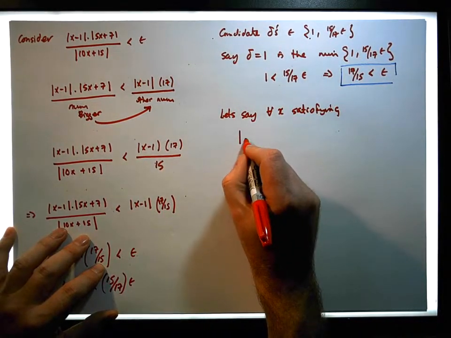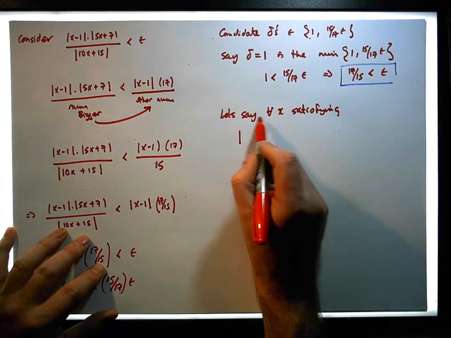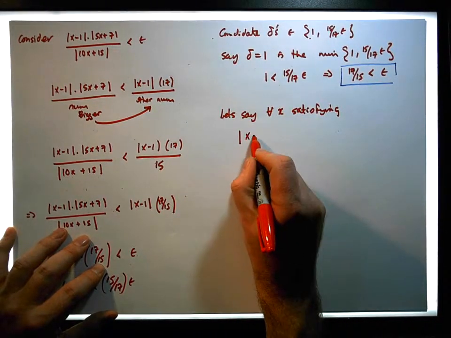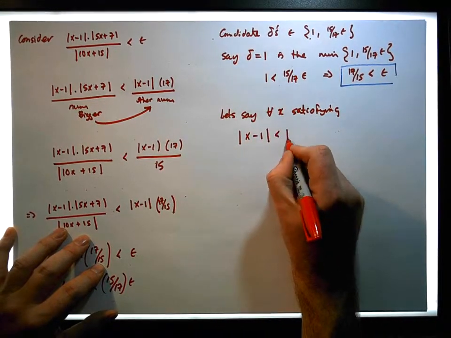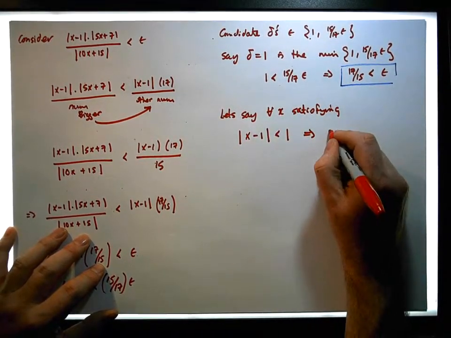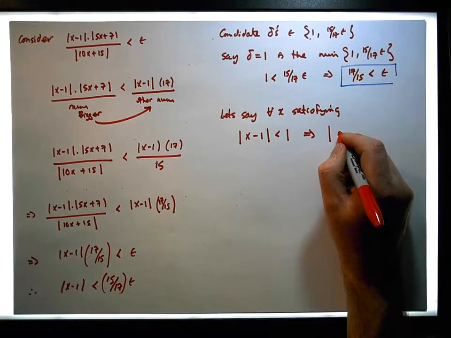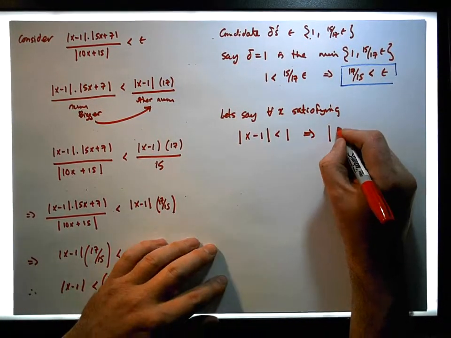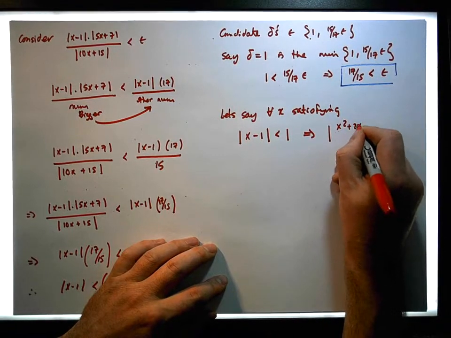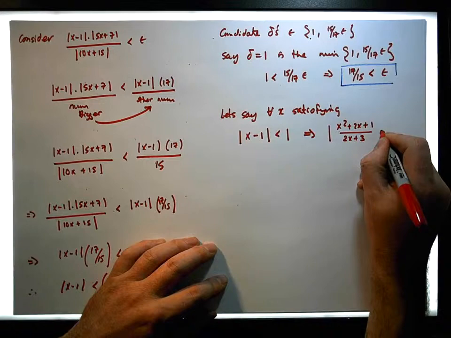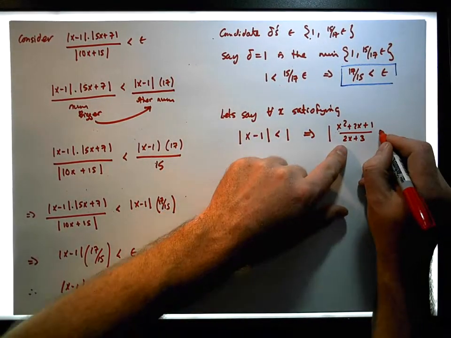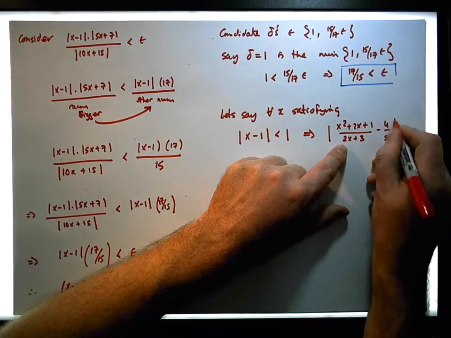So what we need to show is that for each and every x satisfying this, |x minus 1| less than delta, less than 1 in this case, that implies that f of x, which is our big function that we started off with, x squared plus 2x plus 1 over 2x plus 3, minus 4/5, is less than epsilon.